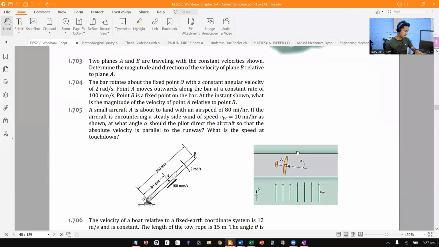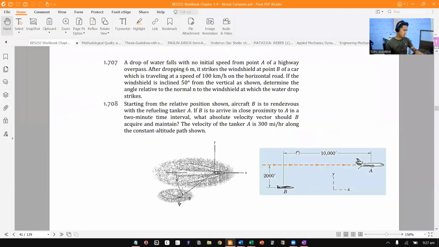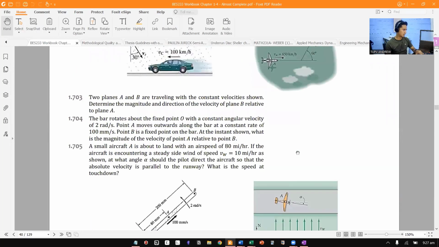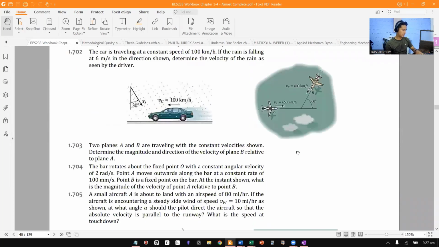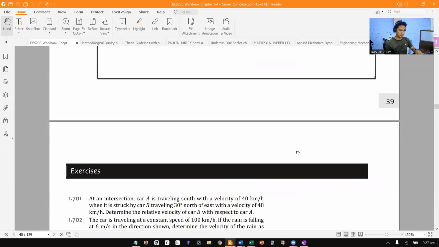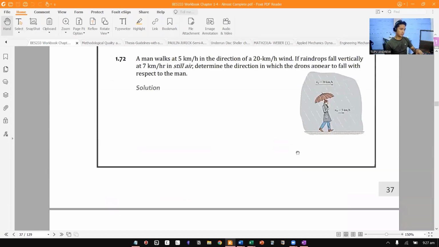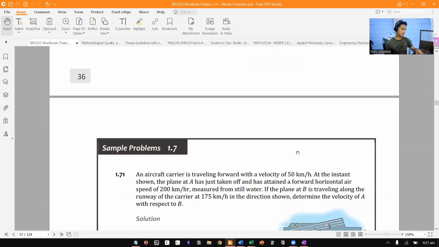I don't know if I have a problem on tangential, or I'm not sure if it is also possible in tangential. So most of the problems are confined to the rectangular coordinate system. Although it is also possible to use it in other coordinate systems.